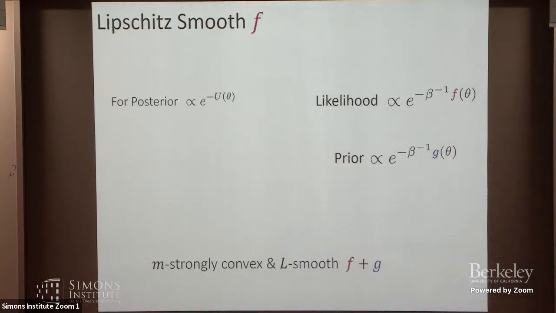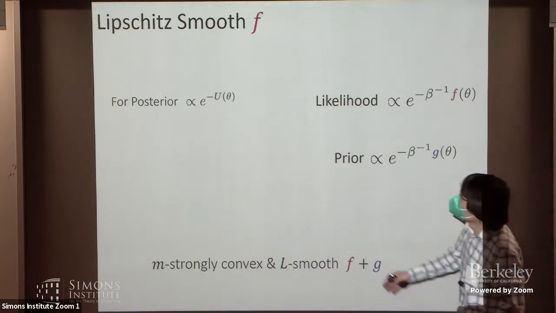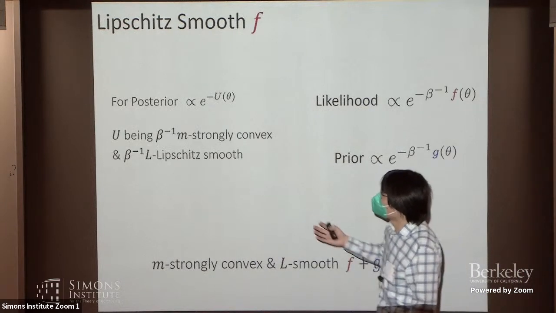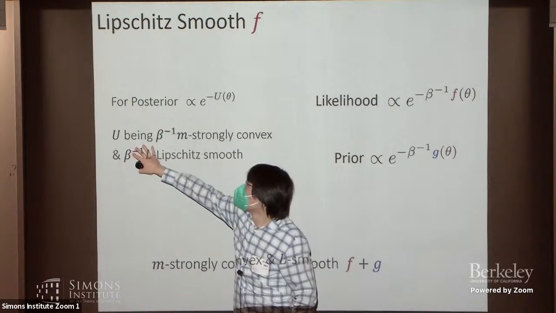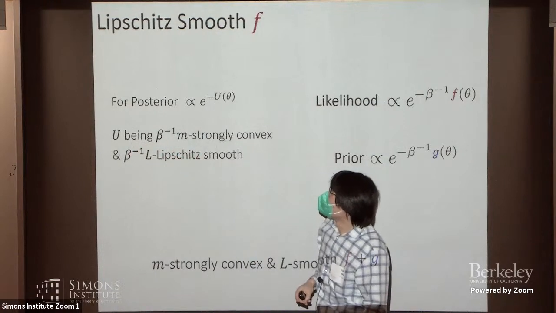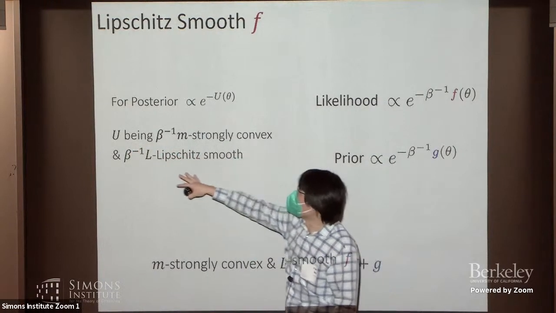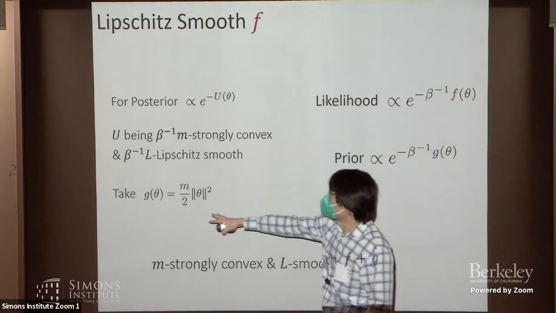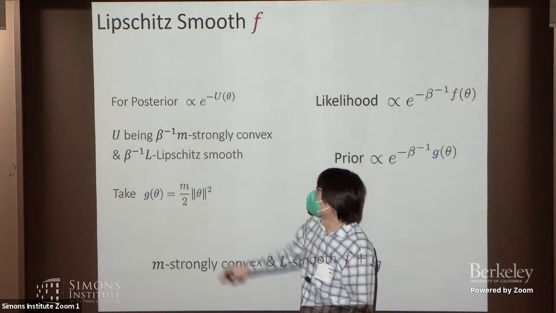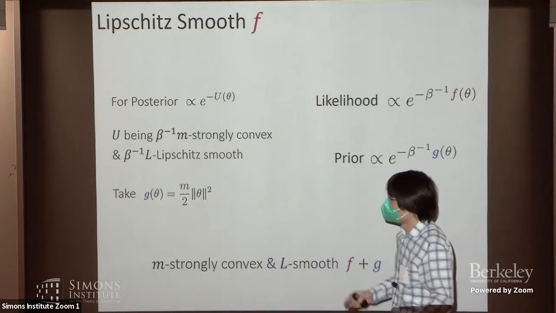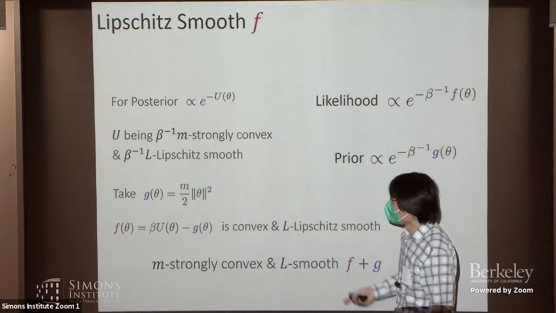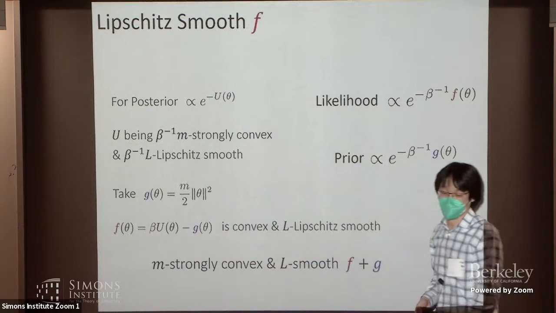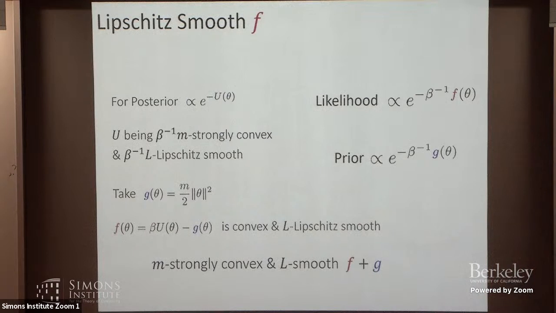So in this case, for the posterior distribution proportional to e to the negative potential, for the potential function U being beta inverse M strongly convex and beta inverse L Lipschitz smooth, we can directly take G to be M over 2 theta norm squared, this normal prior, because F equals beta U minus G is just convex and Lipschitz smooth. We can directly do this splitting.